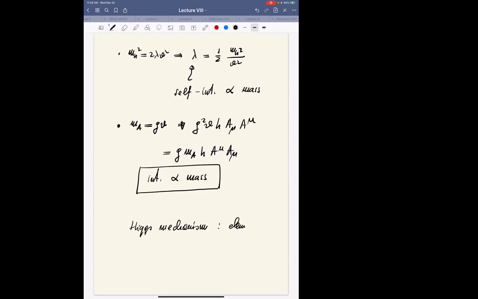Elementary particles get mass from the vacuum expectation value of phi, where phi is v plus h and so on. H is very important.